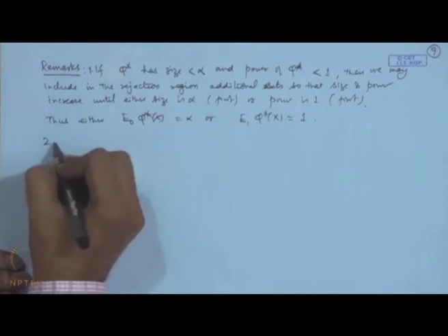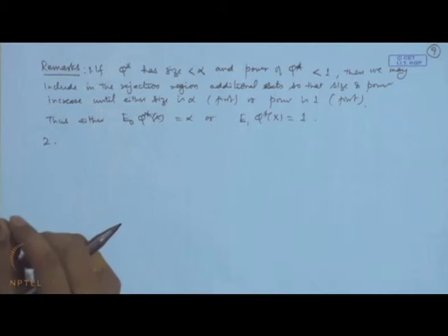Another thing that we have noticed here is that except the point f1 x equal to k f naught, at other points the uniqueness in the definition of phi is there.